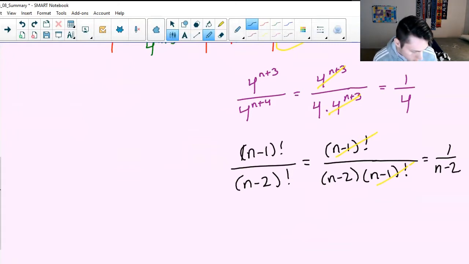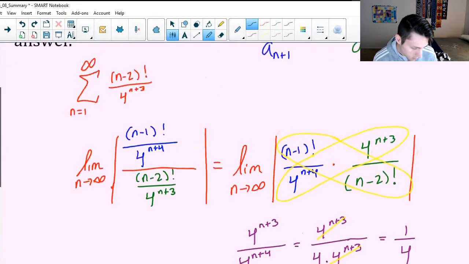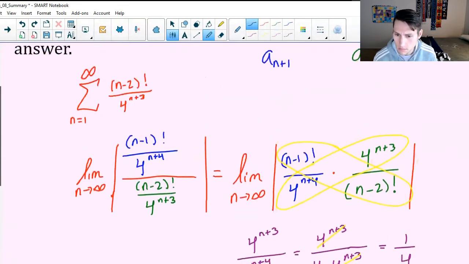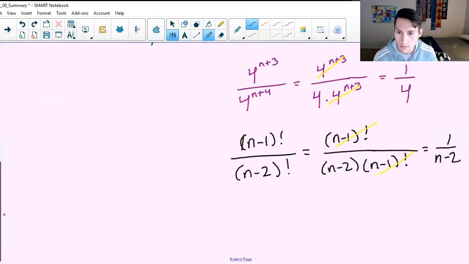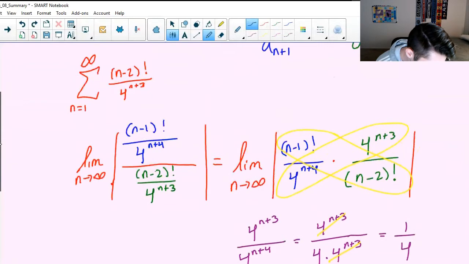Plus 2? Oh, wait. Plus 2 what? I'm confused. What am I missing?